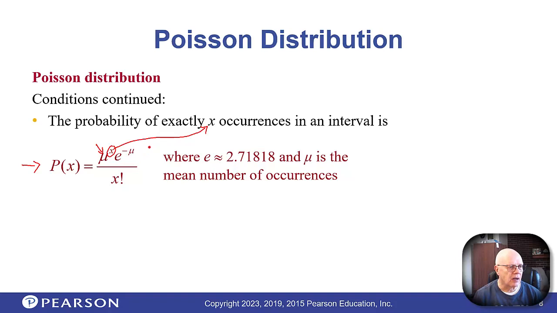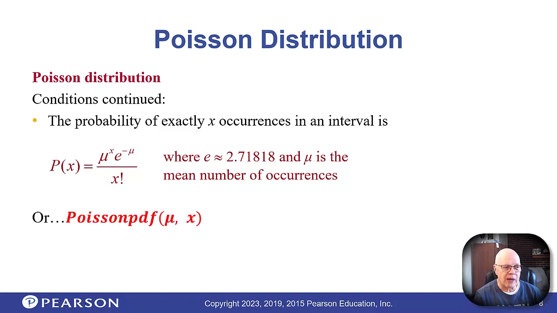E is what should be your old friend Euler's constant, 2.718, etc. And this minus mu is the same mu that we put right here. And down here, this x factorial, we've talked about factorials before, and this x is the same as the x that you found up here. Let me clear that for you so it's not quite so messy. So there's your formula.